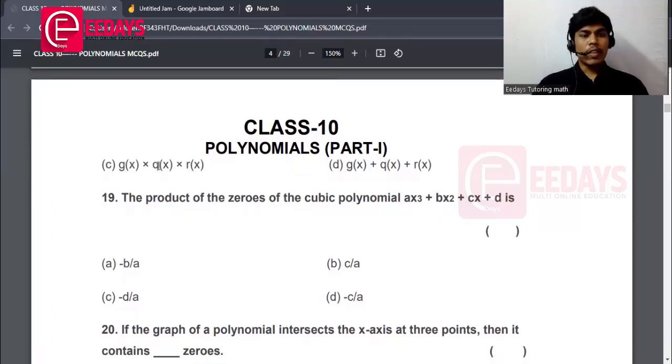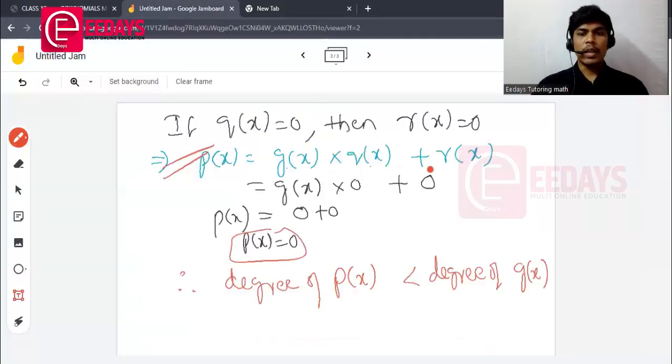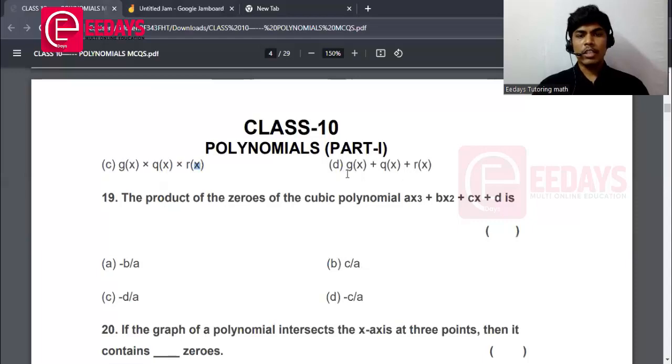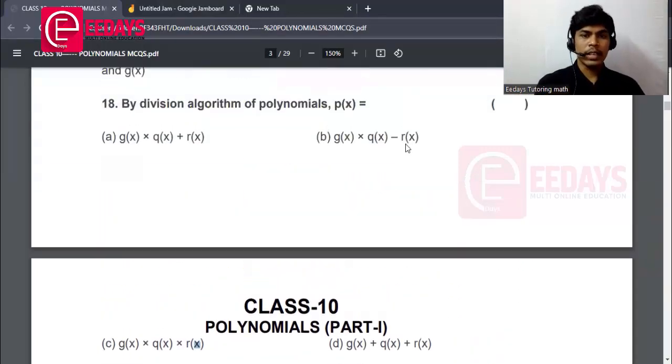Option C, g of x into q of x into r of x, but here we are adding r of x. Last option, g of x plus q of x. Either they have given whole multiplication or all addition. That's why they are incorrect. Option A is the correct answer. p of x is equal to g of x into q of x plus r of x.